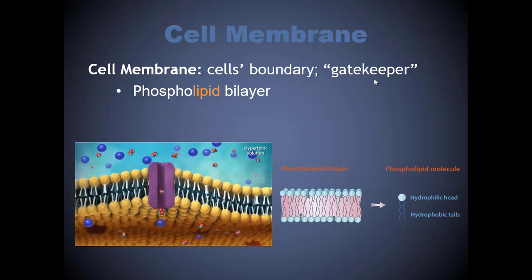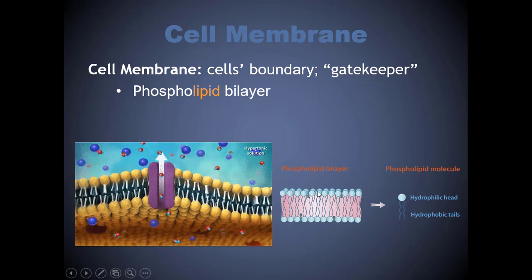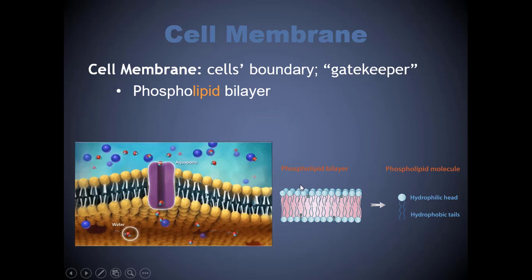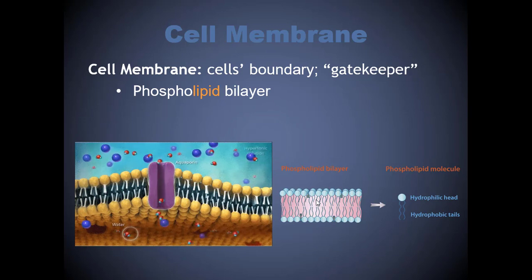That's one end of the layer. Made up of a phosphate, and then the tail. So the head is the phosphate, then the tail is the lipid. Right, so you have here the phospholipid molecule, the hydrophilic head.